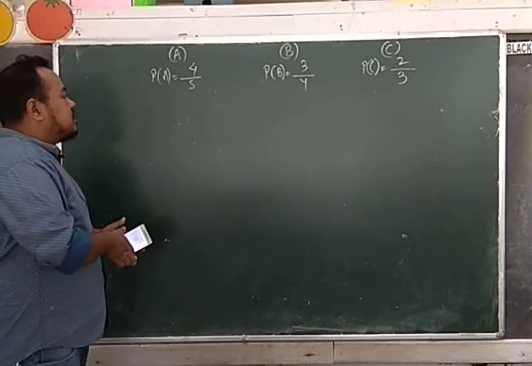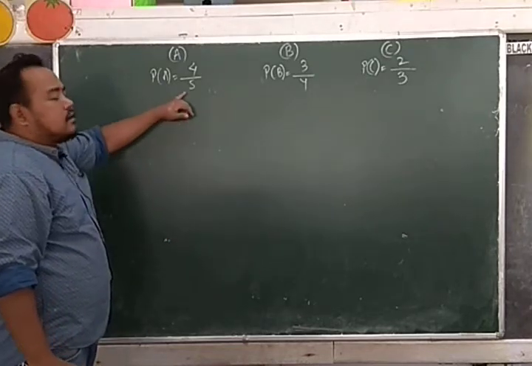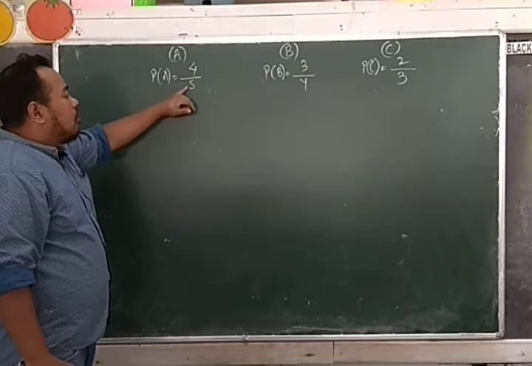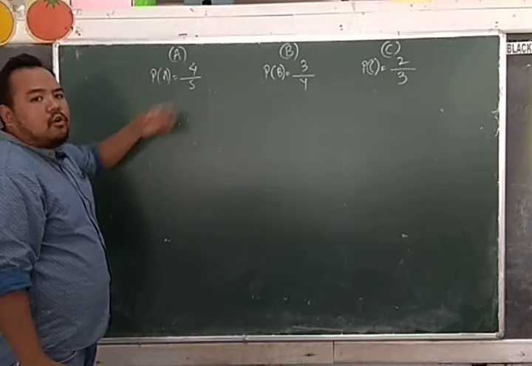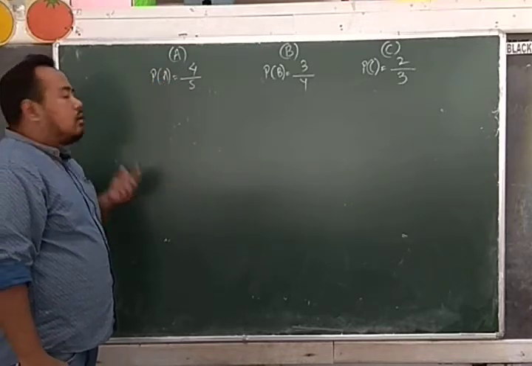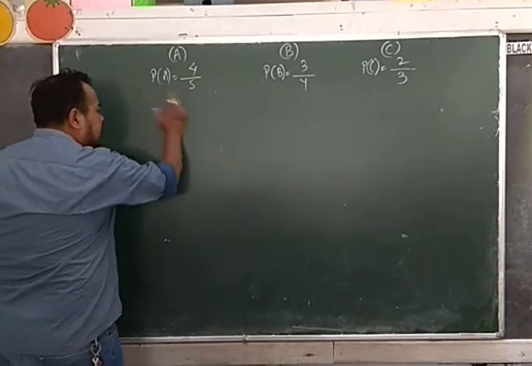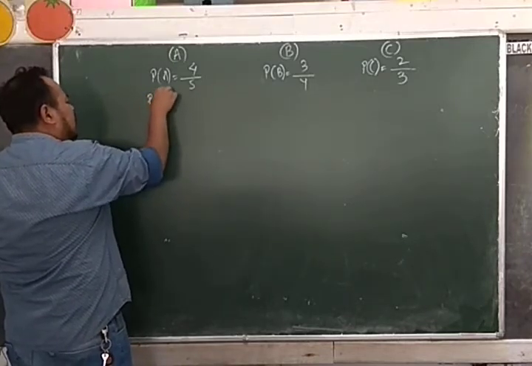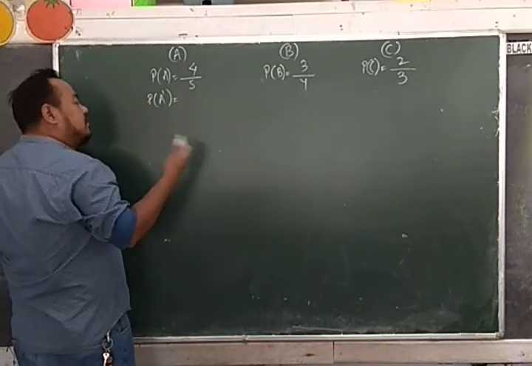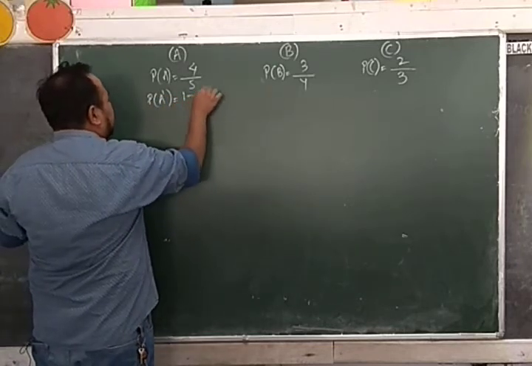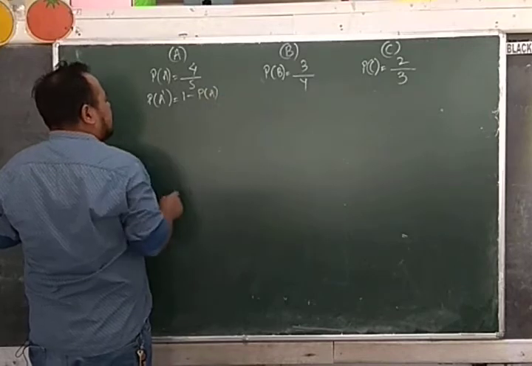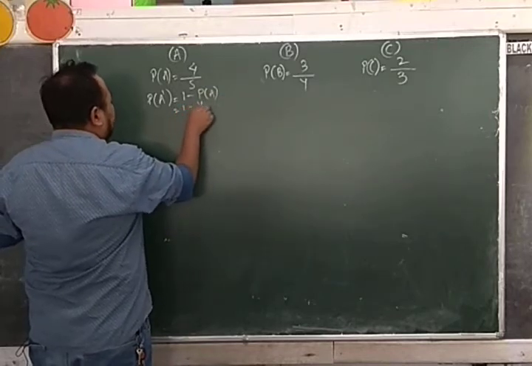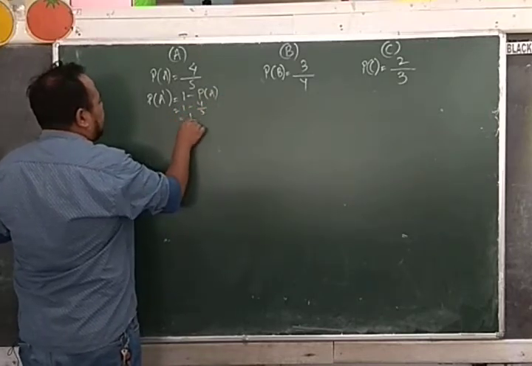You can do it concept-wise. If I get to hit the target 5 times, and out of 5 times I can hit it 4 times, then obviously how many times will I miss? 1, isn't it? So the probability that A will not hit the target, that means A will miss the target, is 1 minus the probability of A. Isn't this the formula which I taught you? So 1 minus 4 by 5 is equal to 1 by 5.